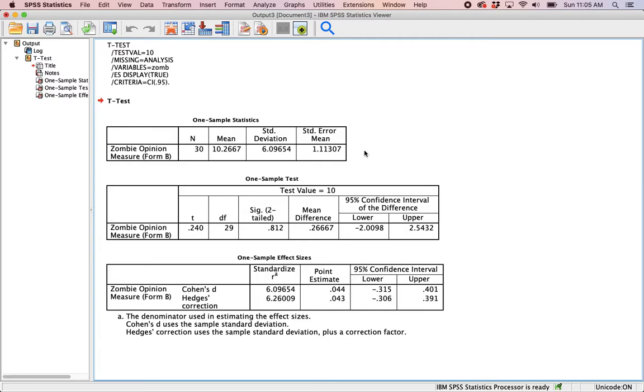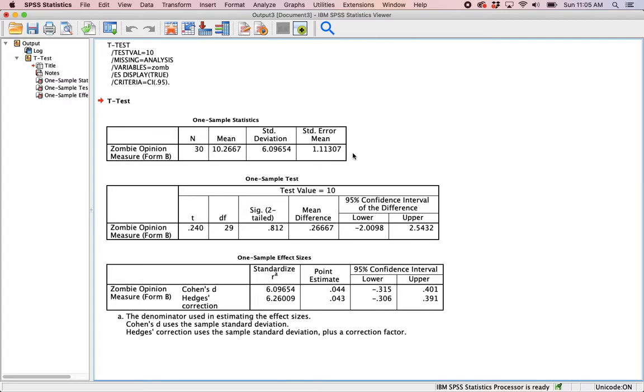So right now that tells us that the difference between our sample mean and the population mean, which is captured right here as the mean difference, is not a big amount. Our sample really doesn't differ that much from our population mean. That's what the standard error tells us.